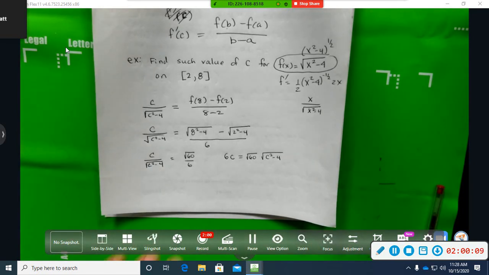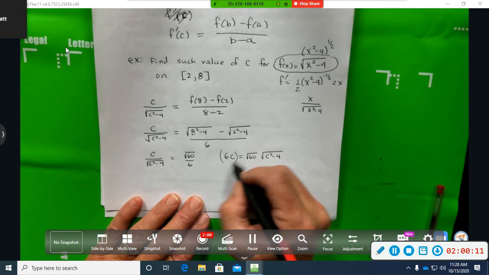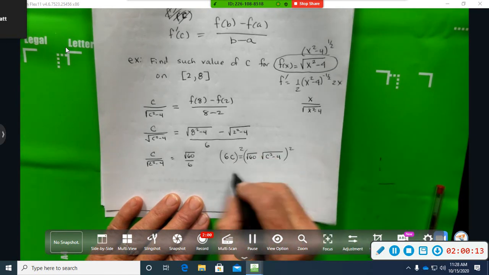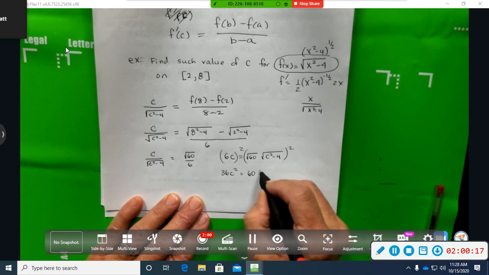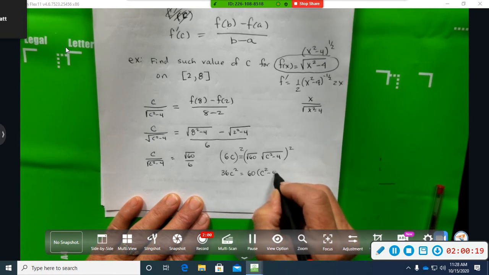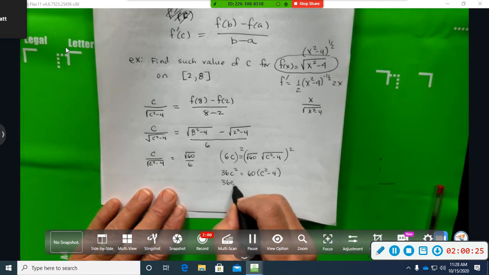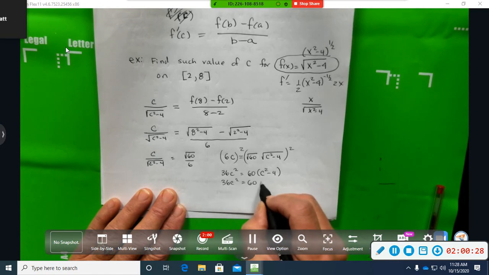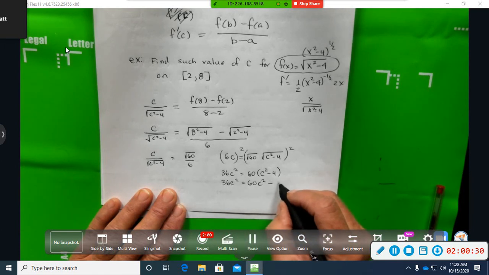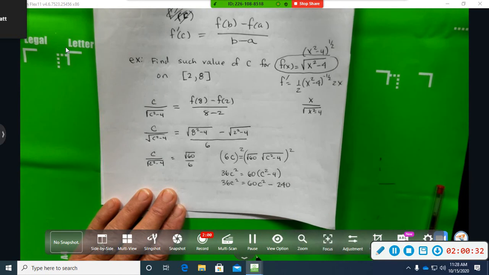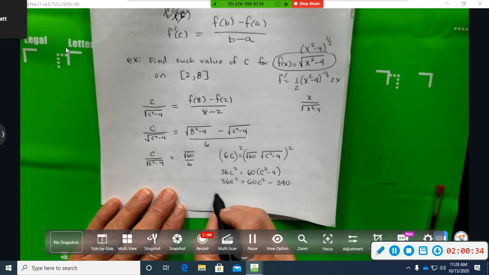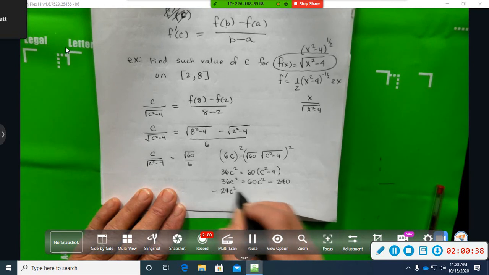I'm going to square both sides, and I get 36c squared is equal to 60 times c squared minus 4. Oh, we're rocking and rolling now. 36c squared is equal to 60c squared minus 4 times 6 is 24, 240. So when I move that over here, I get a negative 24c squared.